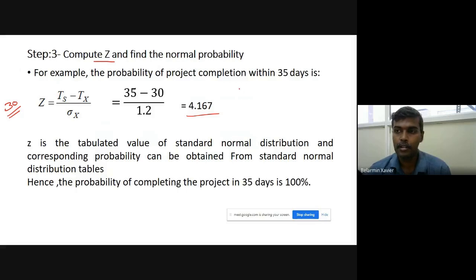When we go to the normal distribution table for z value, it will come to a maximum of 3.99 only. Since we obtained 4 here, surely 100% will be there.